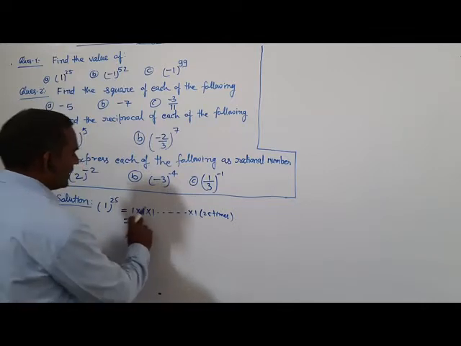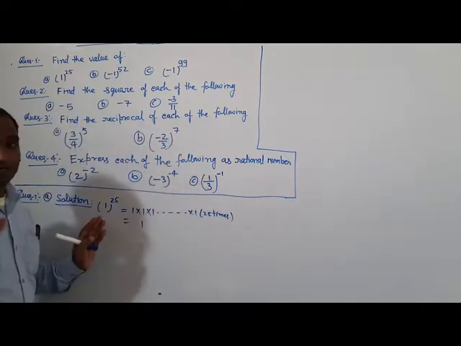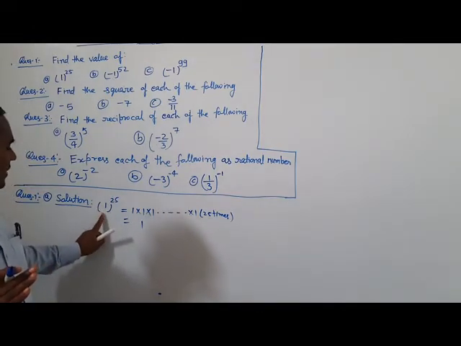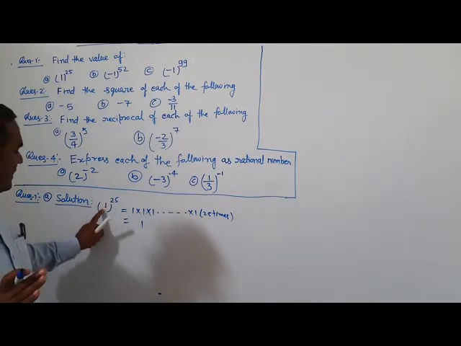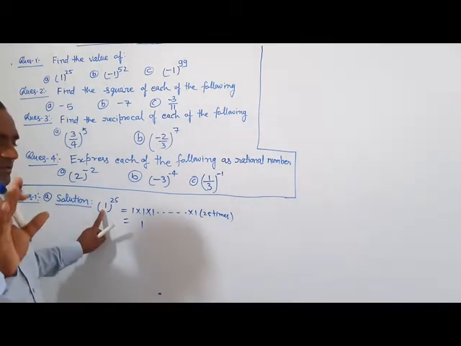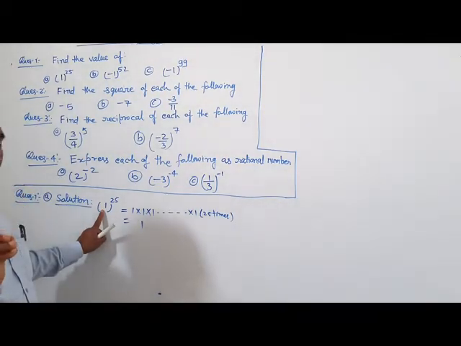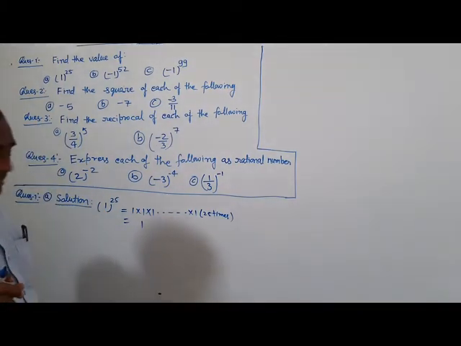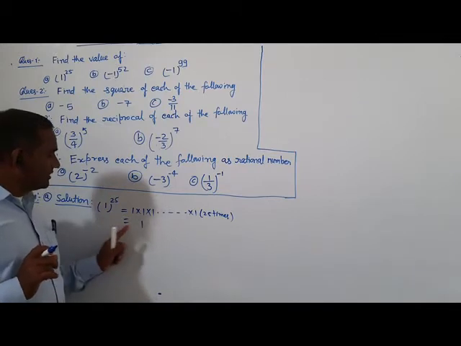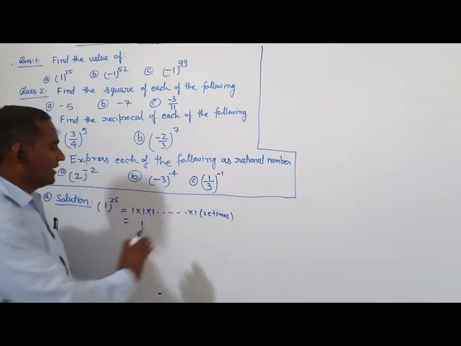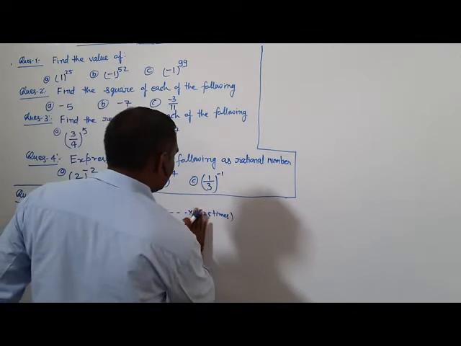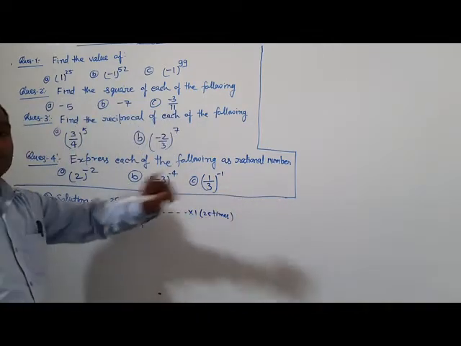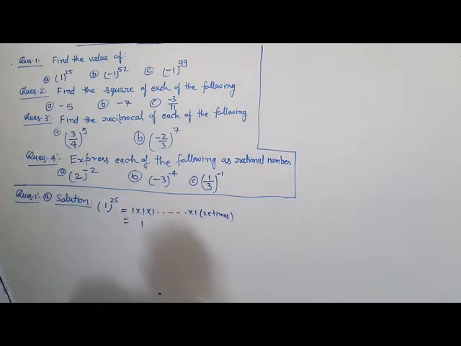There is no need to write this, but all of you know when the power of 1 is something, either that is 1 or any number, the value of that is 1. You have to write this 25 times 1 into 1 into 1. Answer is 1.